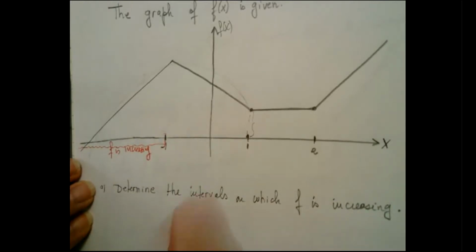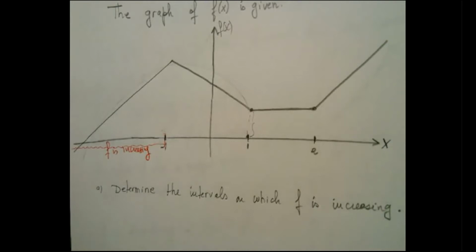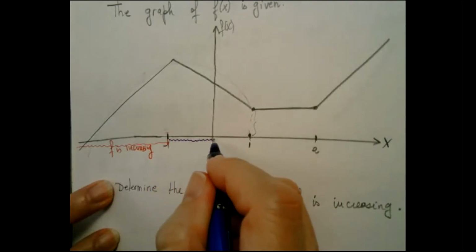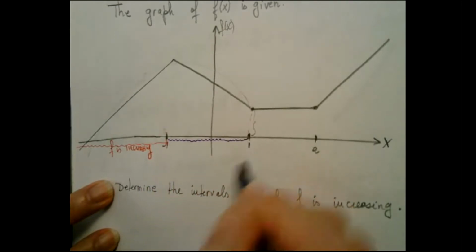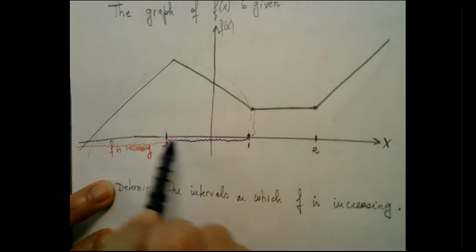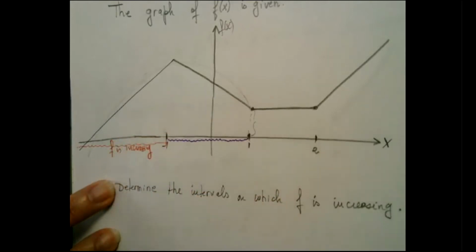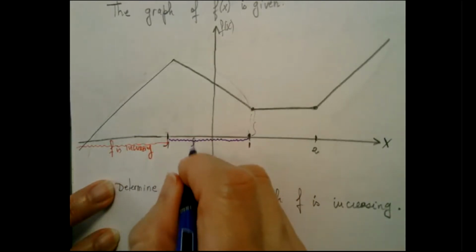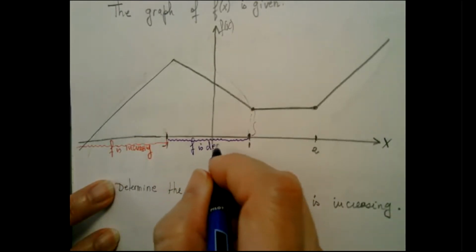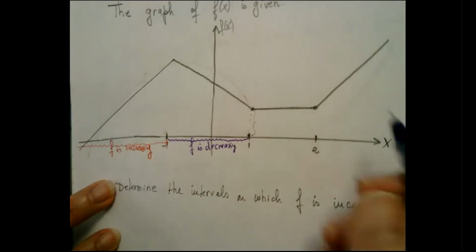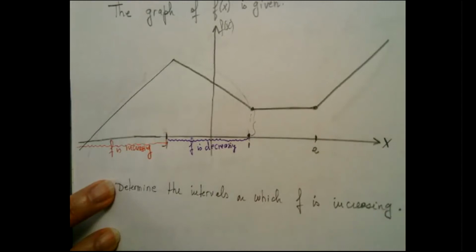Now I'm going to analyze this graph totally, and then we answer the questions. What is happening to my graph between -1 and 1? As my input is getting larger, my output is really going down. f is decreasing up to here. Between 1 and 2, let's change colors.